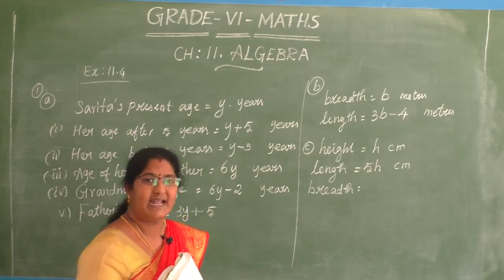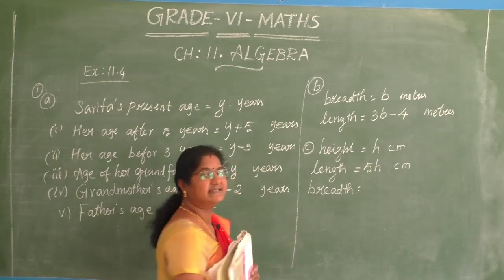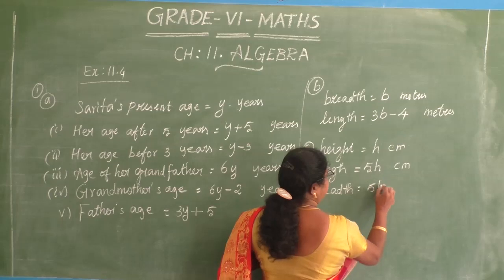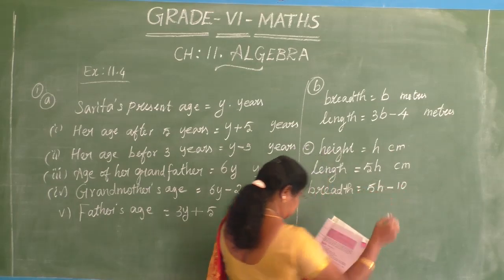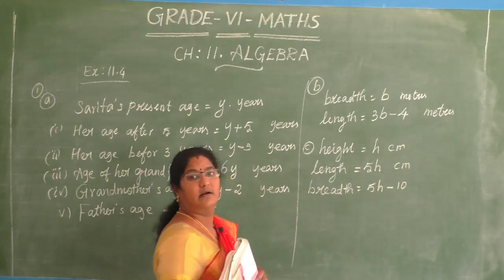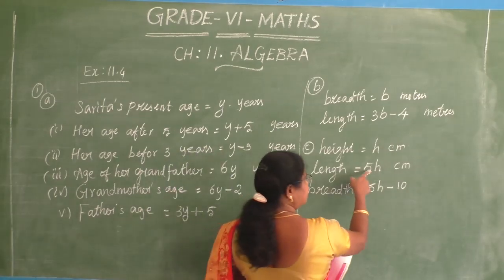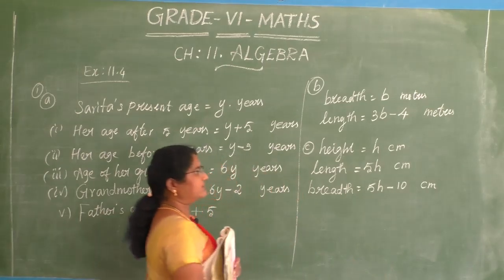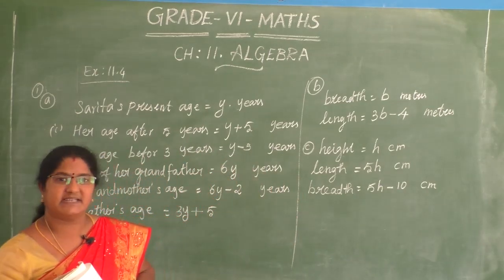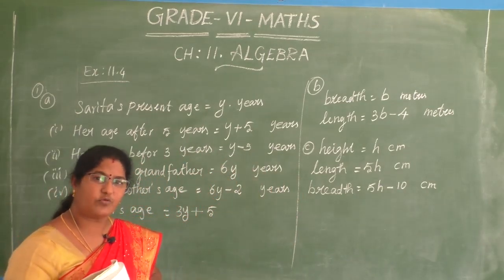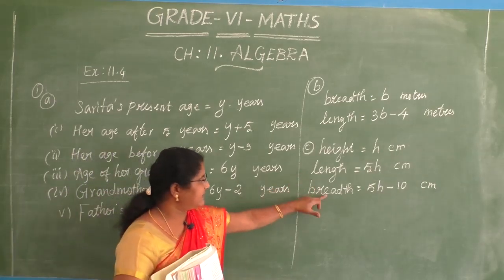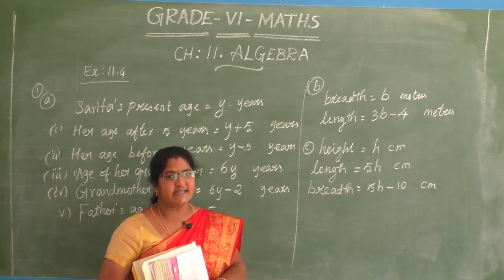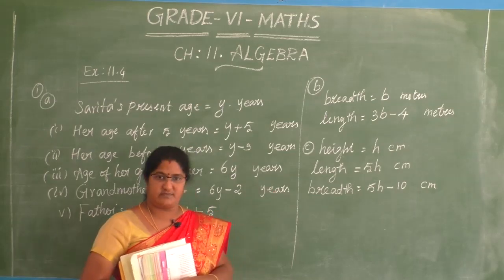So length is 5h, and 10 less than that. Breadth is 5h minus 10 centimeter. Understand how we write? We write this length and breadth in terms of h. Clear? How to create an expression using the situation.